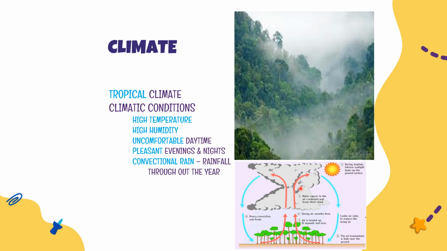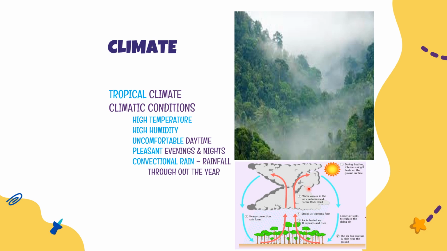Here in this picture you can see an example of how convectional rainfall occurs in this region. Here you have the evergreen forest. The land gets heated up because of the high temperature, right? During daytime, the sunlight is very high, and the land gets heated up very fast. The ground surface is heated up, and the air temperature near the ground is very high. When this air is heated up, it expands and rises up.